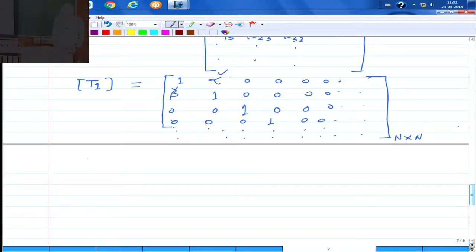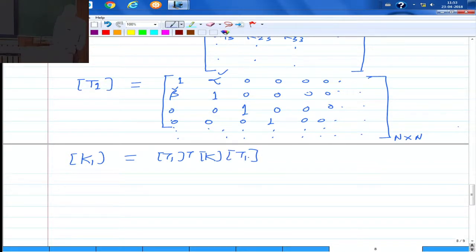So then you will get a transformed stiffness matrix, say K1, and that would be T1 transpose into K into T1. Similarly I will get a transformed mass matrix, say M1, which would be T1 transpose into M into T1.